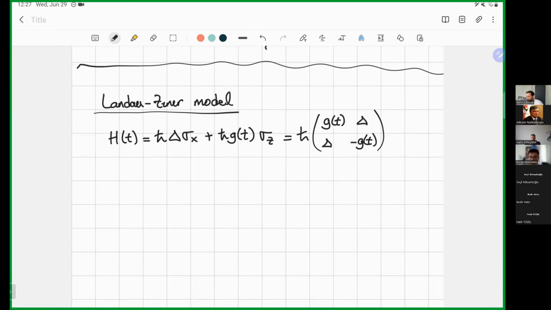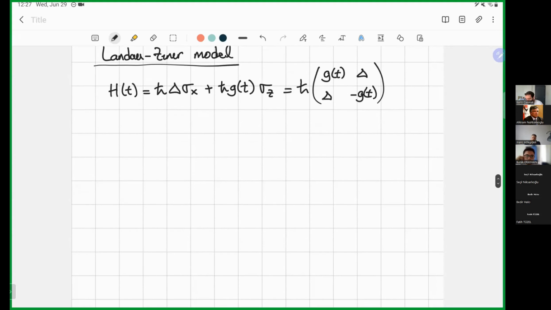In general, we would like to find the eigenenergies and eigenstates of this model. So maybe one homework would be this. Let me express the eigenenergies and eigenstates. Obviously, this is a 2x2 matrix. If you diagonalize this, you are going to get two eigenvalues, which are going to be the energies, E plus minus.